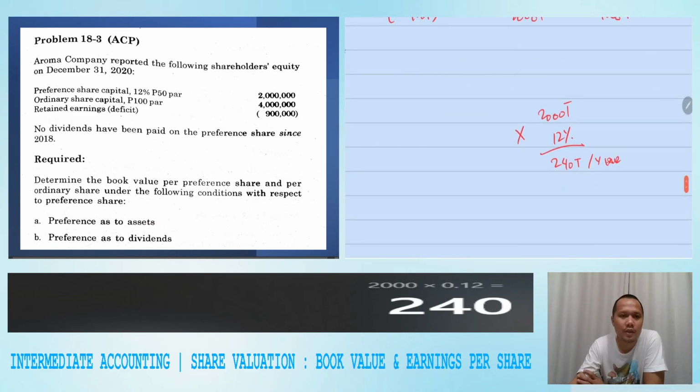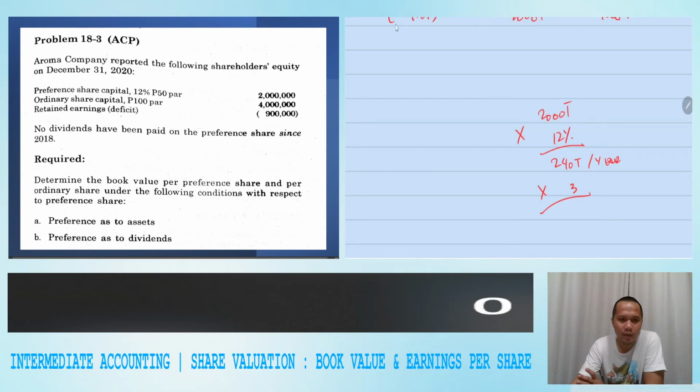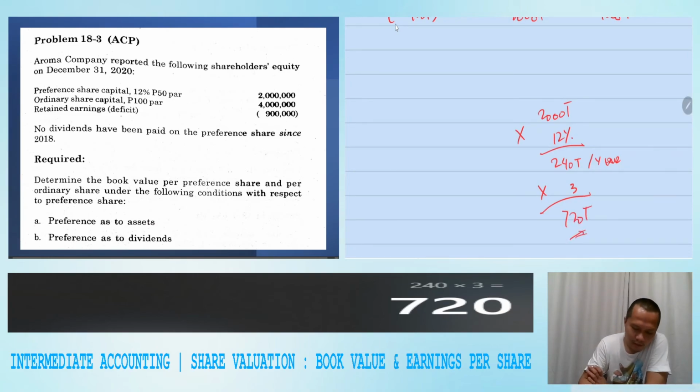Okay, that is 240,000 per year. Have been paid on the preference share since 2018 and we are in 2020. So 2018, 2019, 2020. 3 years. So times 3, the total dividends in arrears, including the current, we have 240 times 3, 720,000.